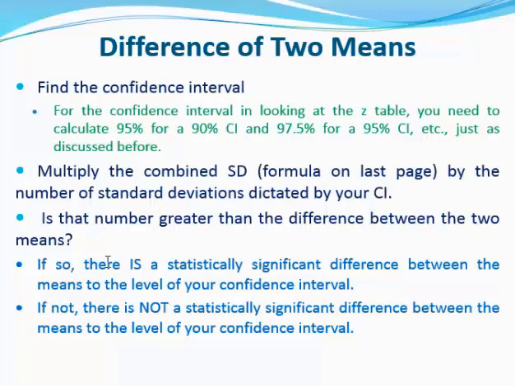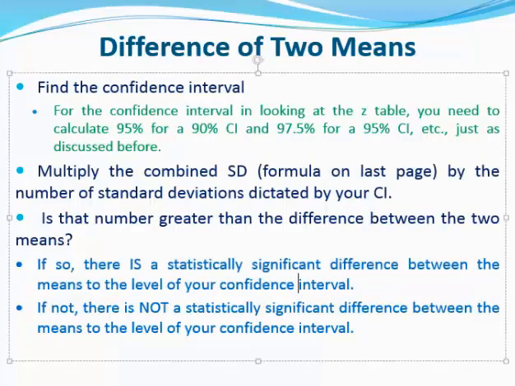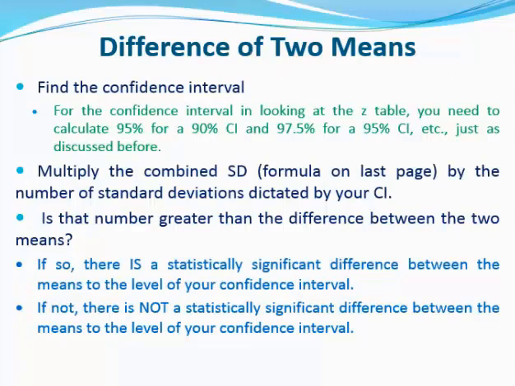In other words, if there's a greater difference between the two means than is required by your confidence interval, there is a statistically significant difference between them. If not, there's no statistically significant difference between them.